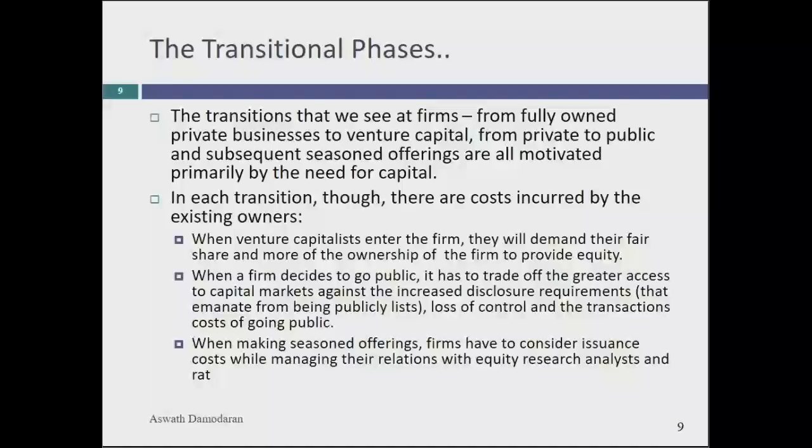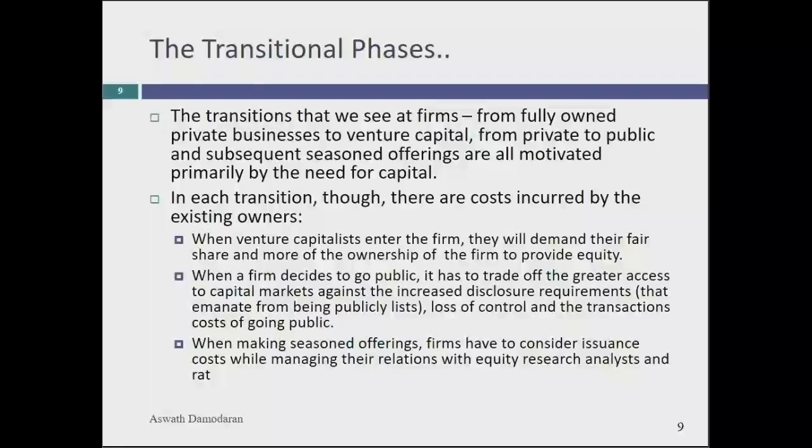You're saying, why would they want to? Because the minute you become public, your disclosure requirements increase, the monitoring increases, the corporate governance issues increase, so companies are putting that off. So the third transition is to public. And then there might be a reverse transition, which is if you get to be an old, mature company, you might decide to go back private again. Why?